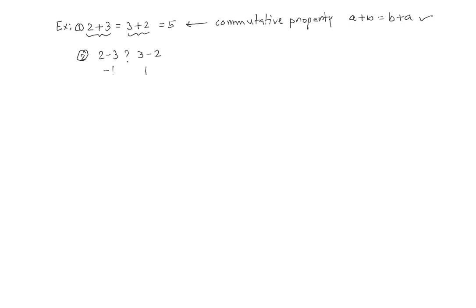So the commutative property does not work for subtraction. It works for addition, but does not work for subtraction.